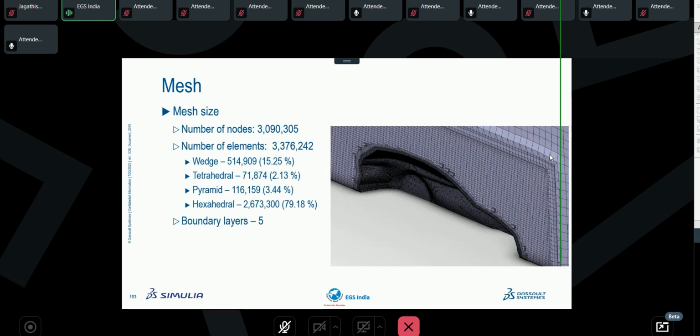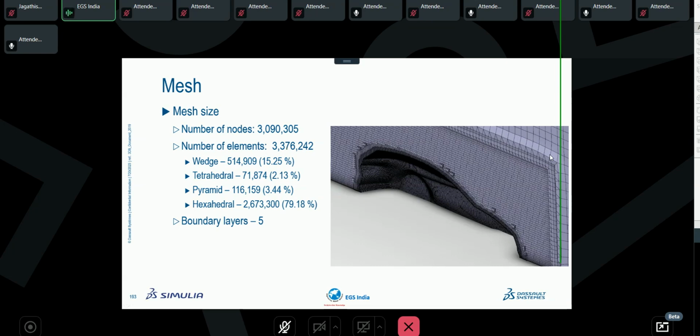This is a standard case that we have done. We can check for a large number of nodes and elements also. Here is a classical example where you will be seeing a large number of elements. These kinds of large quantities of meshes can also be easily analyzed.